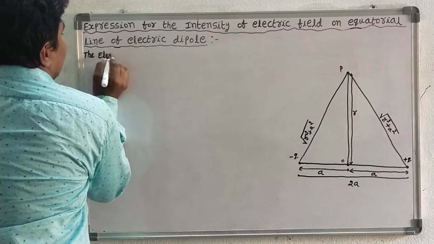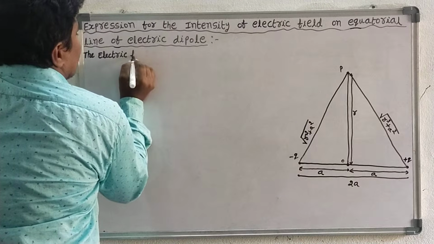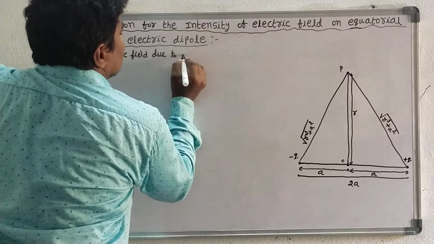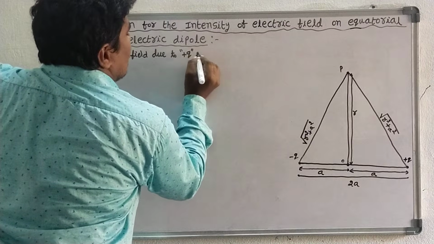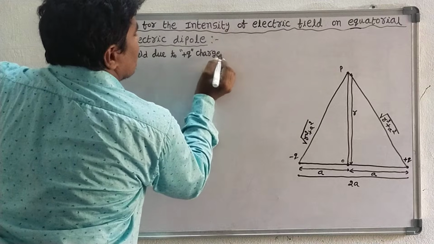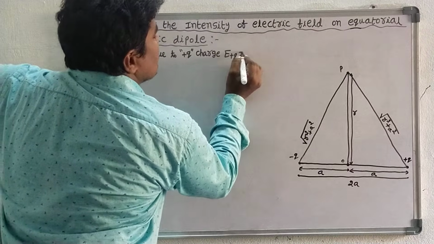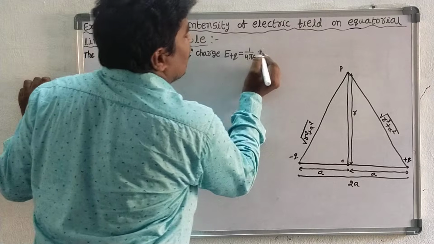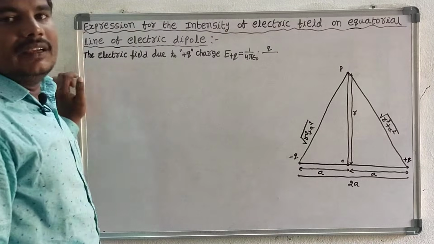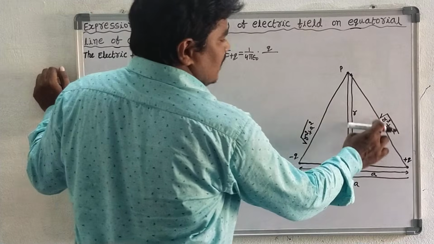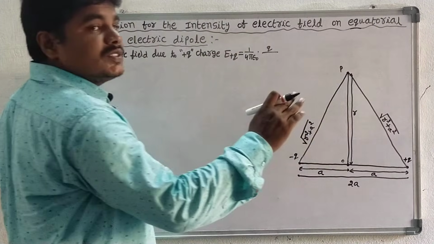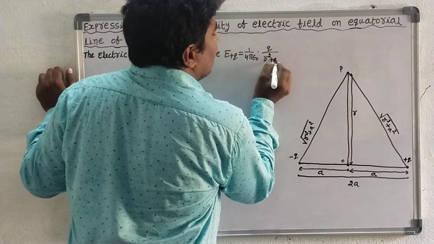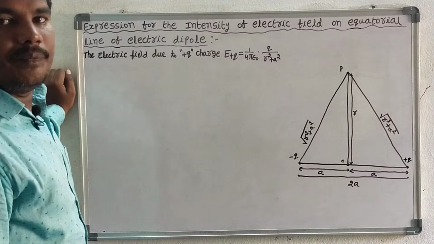The electric field due to plus Q charge: E plus Q is equal to 1 by 4 pi epsilon naught into Q by distance square. This distance is root of r square plus a square, so distance square, the root cancelled. Finally, we get r square plus a square.